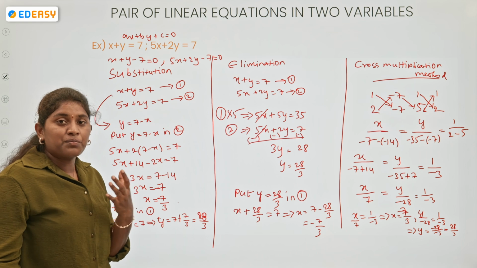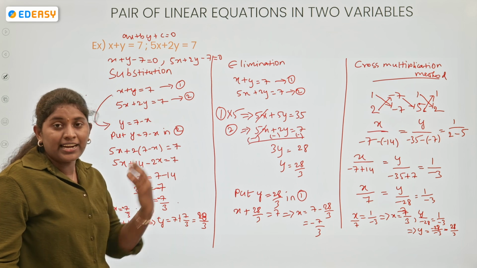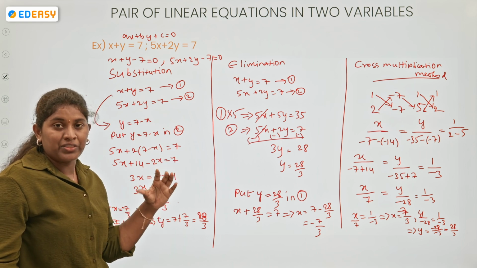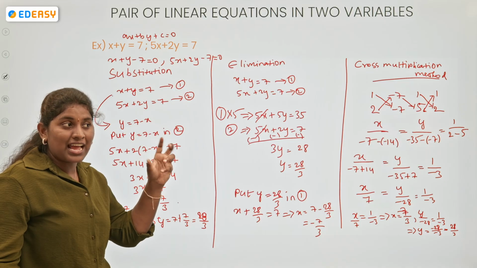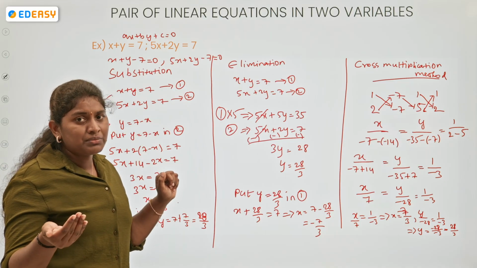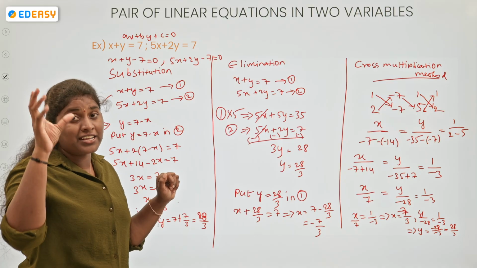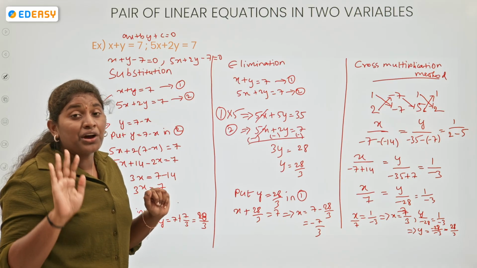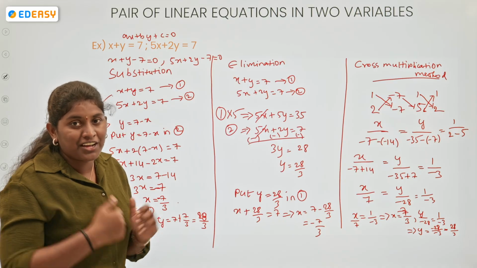It means, for suppose if I am using the substitution method and I got some values for x and y, but might be some calculations I have done mistake. So what you will do, you will go for elimination method or cross multiplication and once verify your answer if you are not sure about the x and y values.